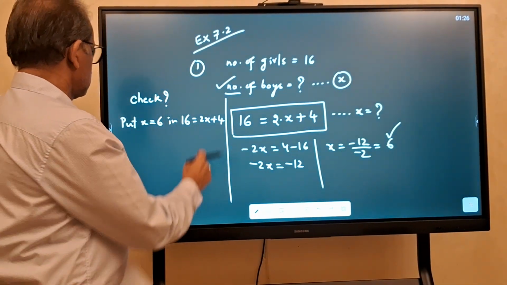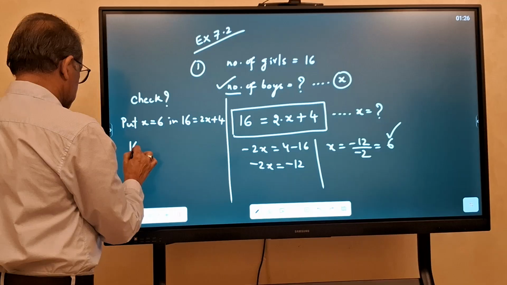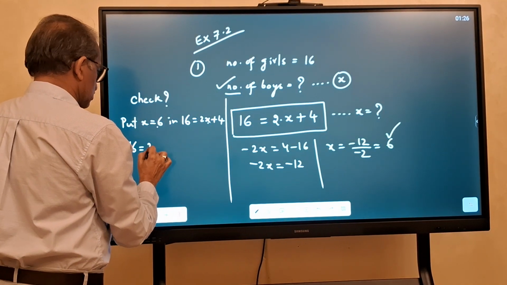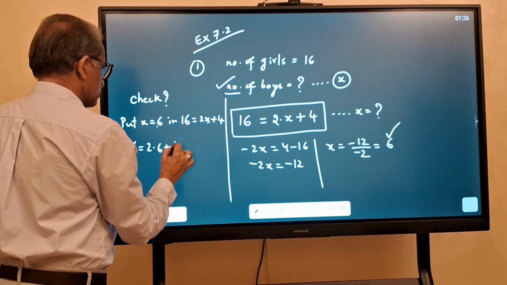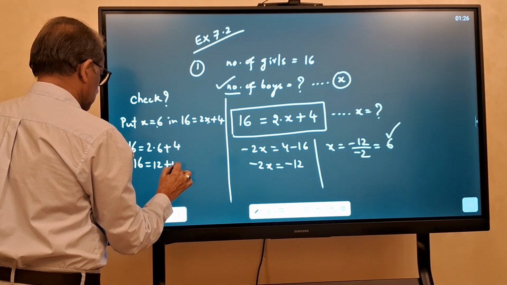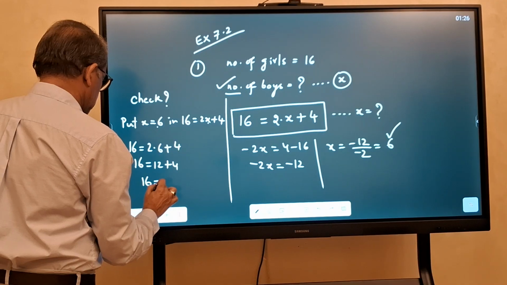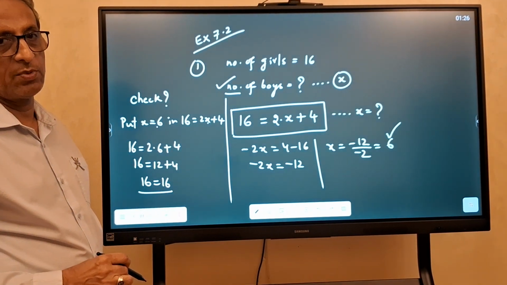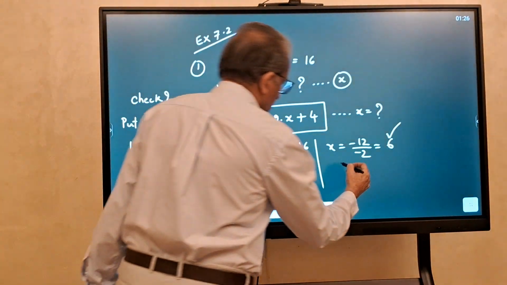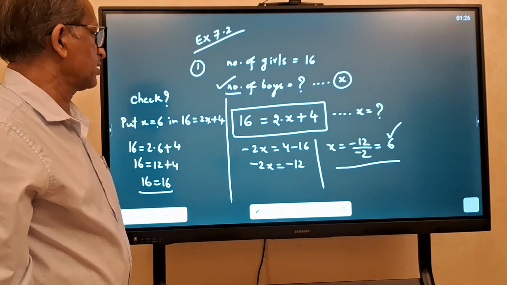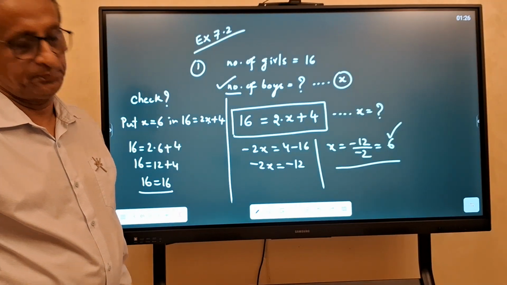So when I put it, what happens? 16 equals, this x is now 6, so 2 into 6 plus 4. That is 16 equals 12 plus 4, that is 16 equal to 16. On the left and right hand side, we get the same number. Therefore, my answer is correct. There are 6 boys in this school club.